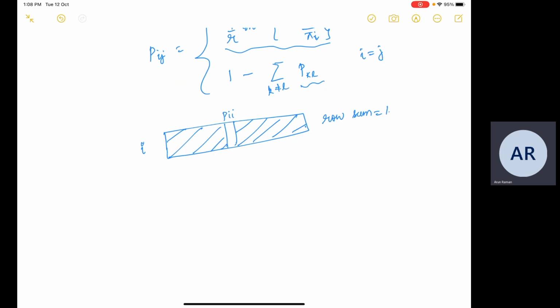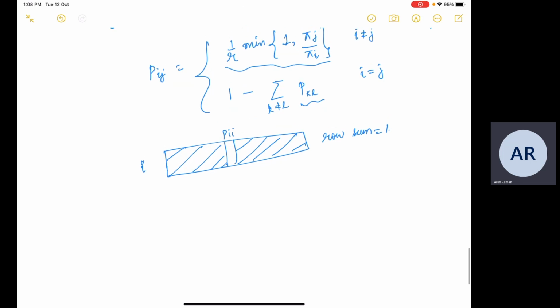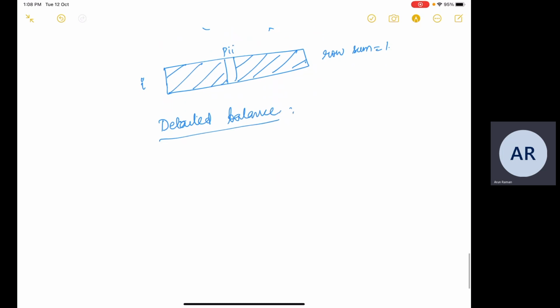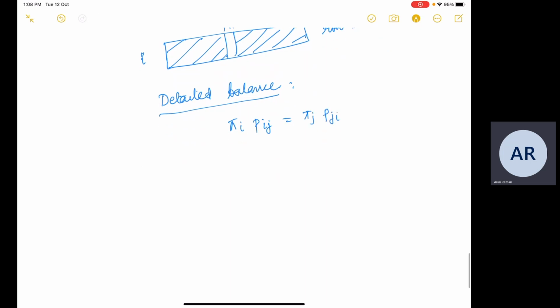Okay, then the next thing which we want to test is the detailed balance. It is an easy thing to test. On the left hand side, we have pi i Pij is equal to pi j Pji.